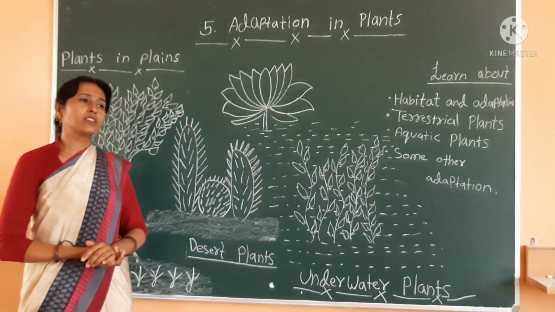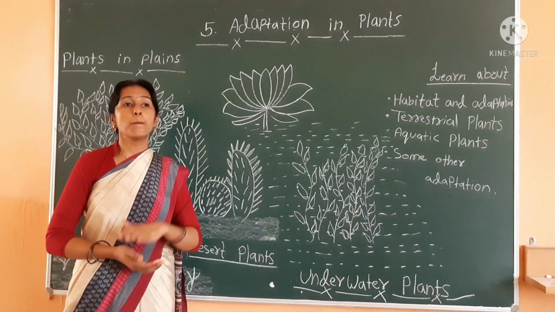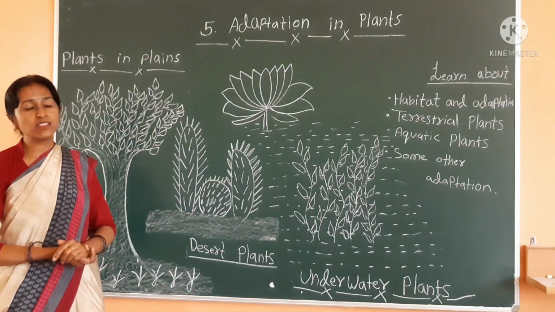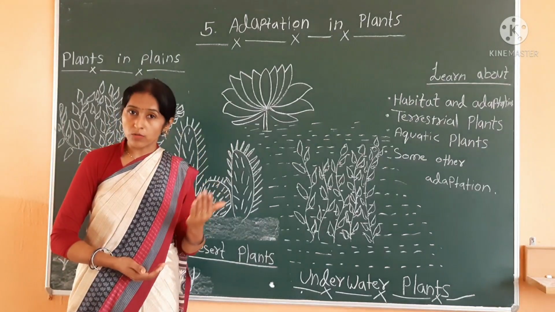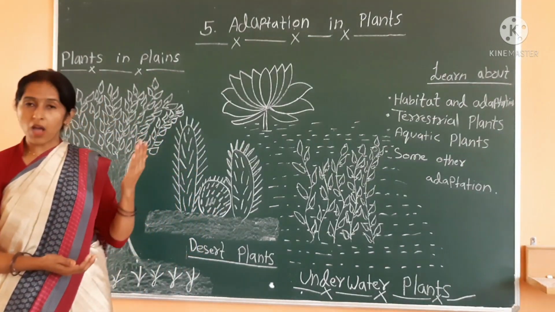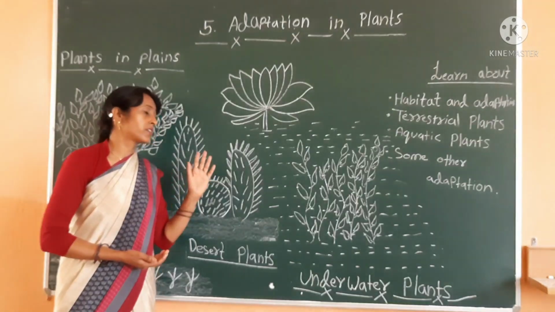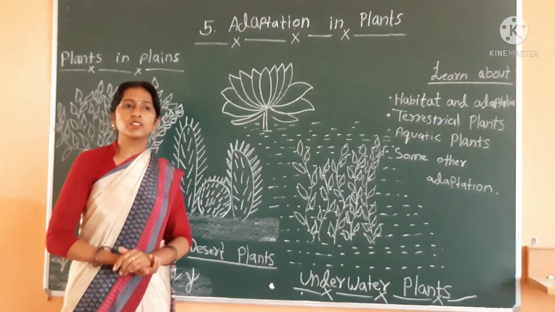The first one is plants in plains. These plants which are found in the plain areas are known as plants in plains. And after that, plants also grow on mountains. So plants on mountains. Some plants like cactus grow in desert. So plants in desert.